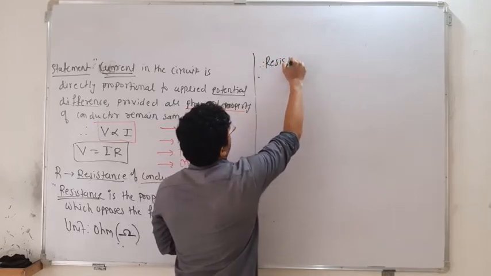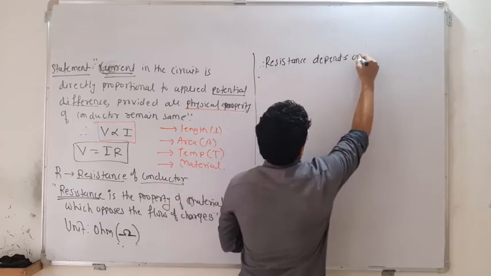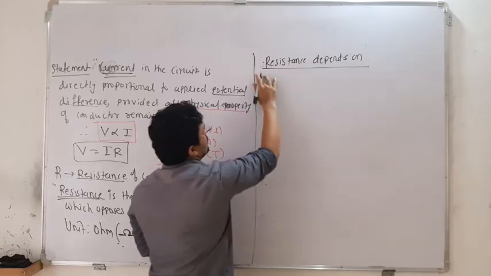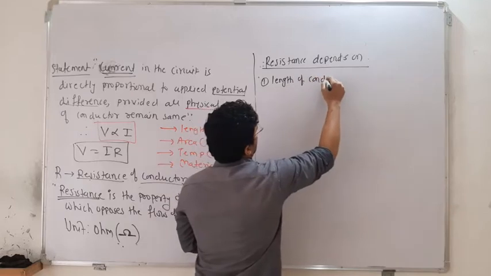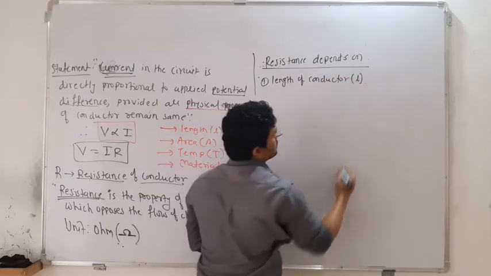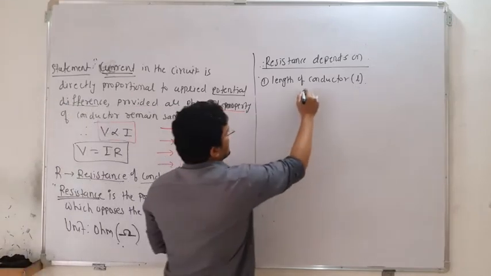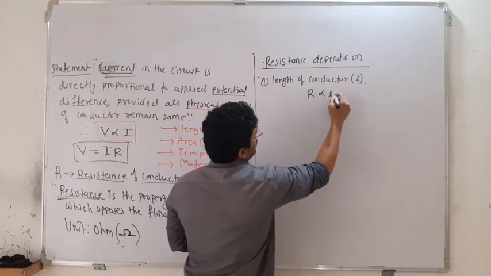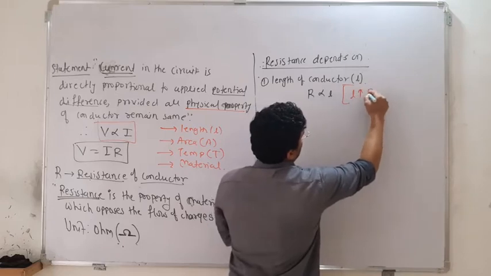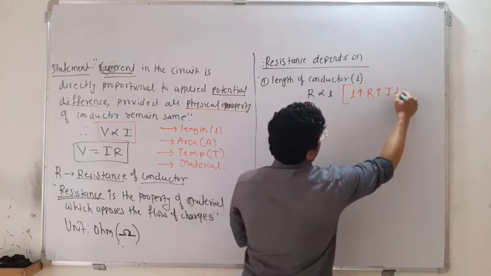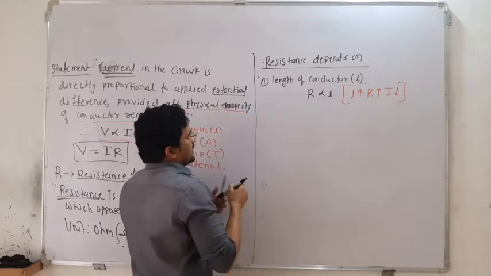Resistance depends first on the length of the conductor, that means L. How does the resistance of the conductor depend on the length? Resistance is directly proportional to L. It means if the length of the conductor increases, resistance increases and the current becomes less, because the more the resistance, the smaller the current.